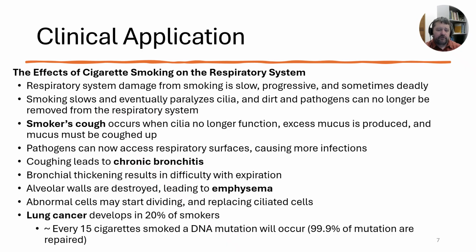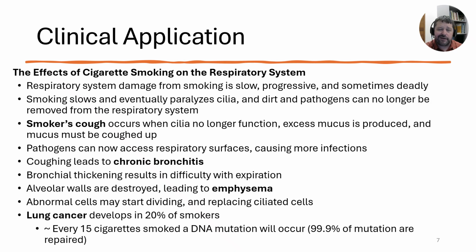Smoke 20 cigarettes or so, and you develop a DNA mutation. Of those mutations, though, most of them are fixed. You have a very good proofreading system in your body, and one of those proofreading proteins is called P53. It looks for mistakes in the DNA code, and when it finds those mistakes, it fixes them.